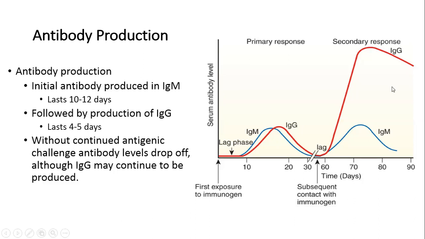This is the process we call memory. This is the initial production. This is the memory production. We call this the primary response, or first response to the antigen. This is the secondary response to the antigen.